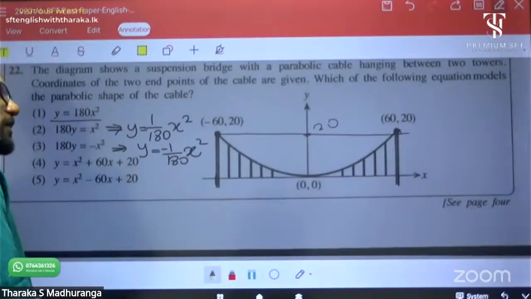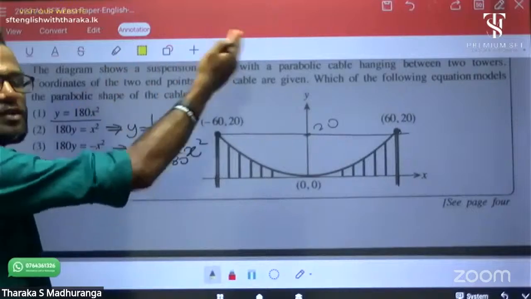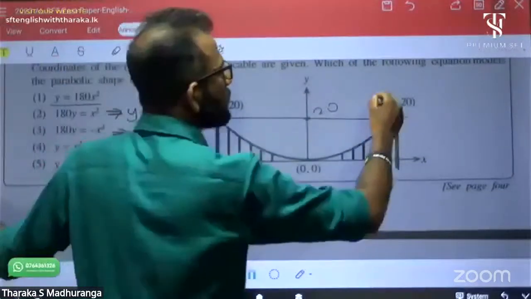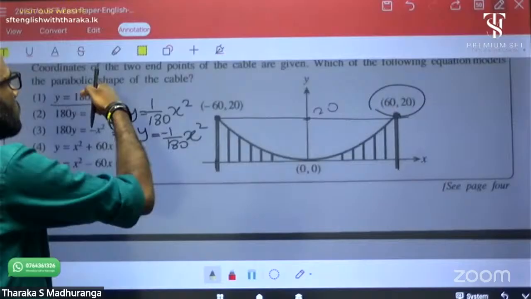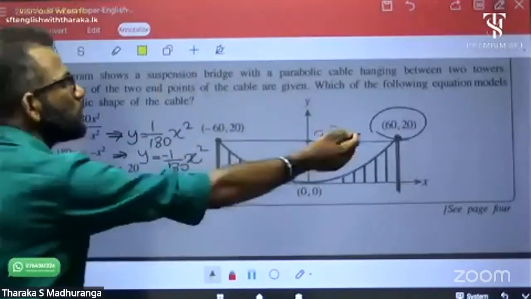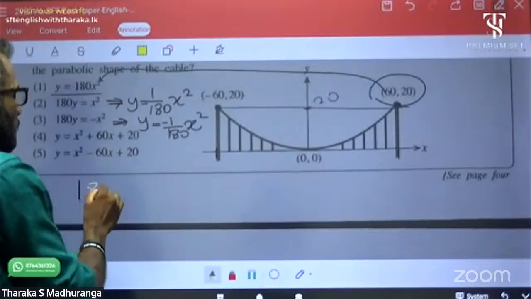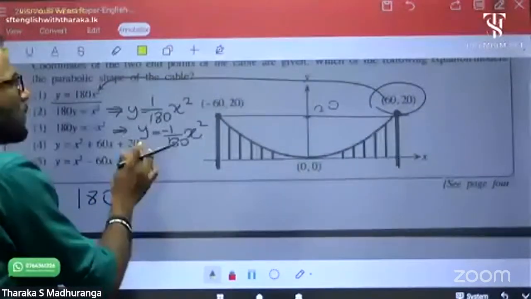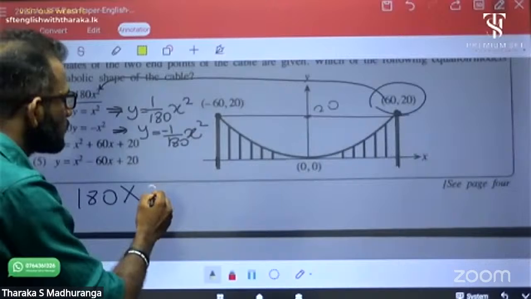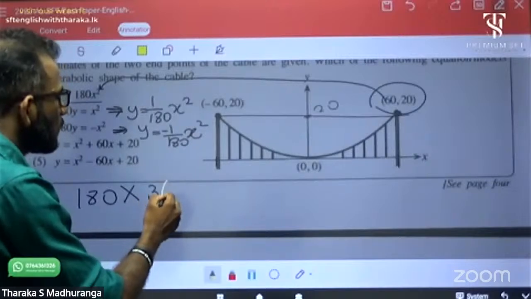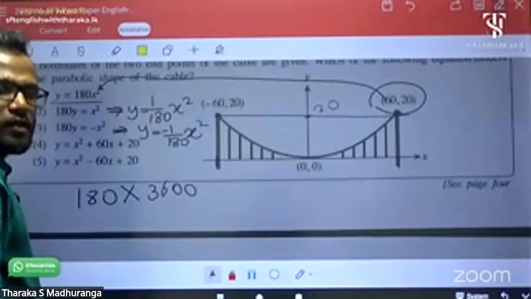Now, if there is any point on this graph, you can simply substitute its values. As an example, you can select the point 60, 20 and substitute into the equation. The y value is 20 and the x value is 60. So 180 multiplied by 60 squared, 60 squared is 3,600.